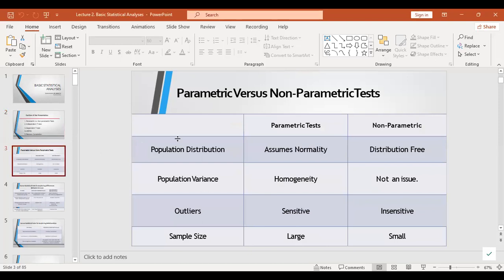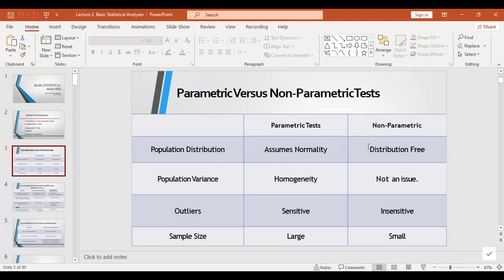Okay. So the parametric versus non-parametric test. For the parametric test, in population distribution or data distribution, the parametric test assumes normality. And then non-parametric is distribution free, or it does not assume normality.